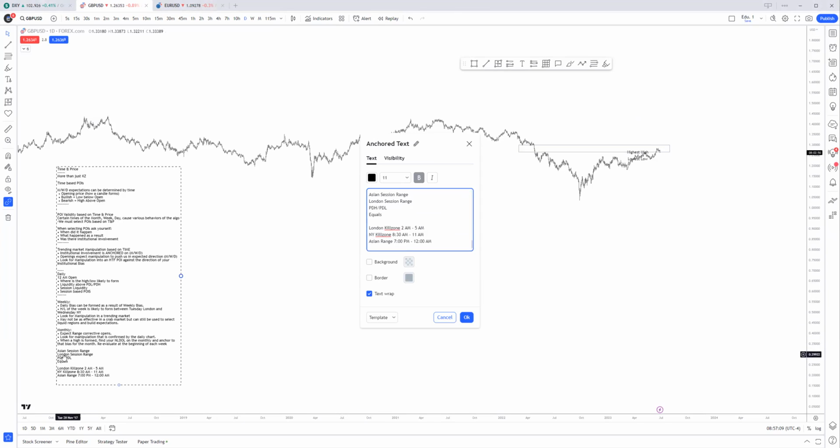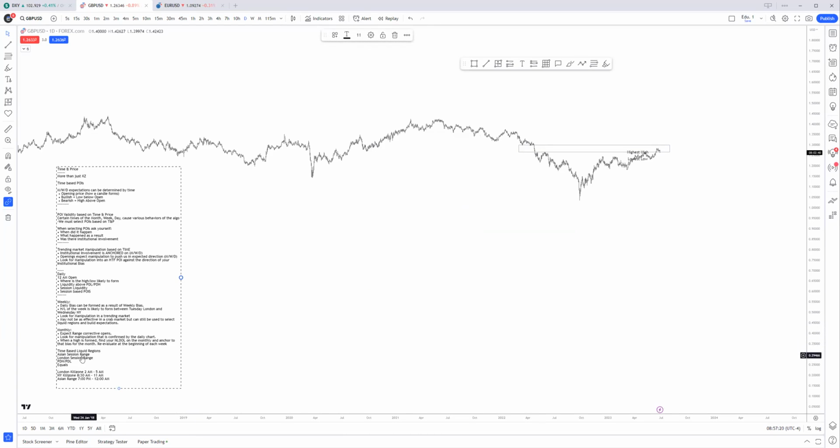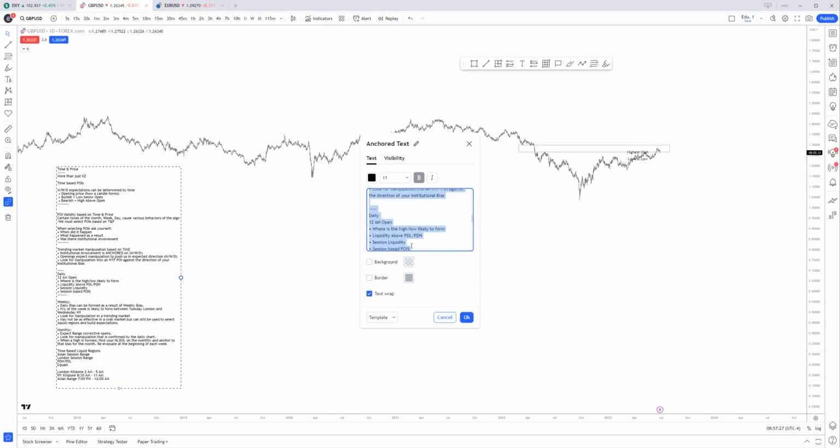So we have these like time-based liquid regions, okay? So these are very high value. We have Asian session range, we have London session range, we have previous daily high and previous daily low, and equal highs and lows that happen at the right time, right?